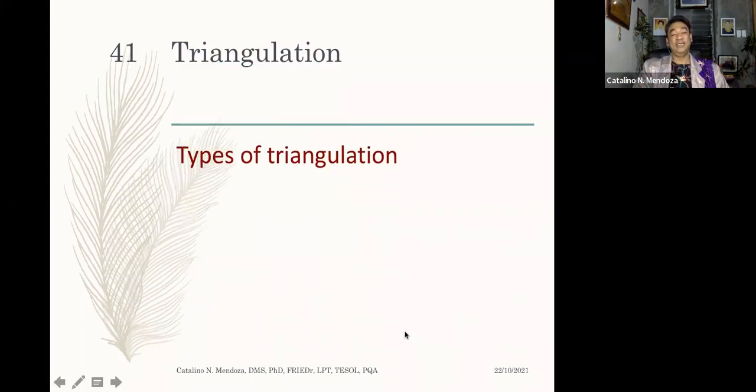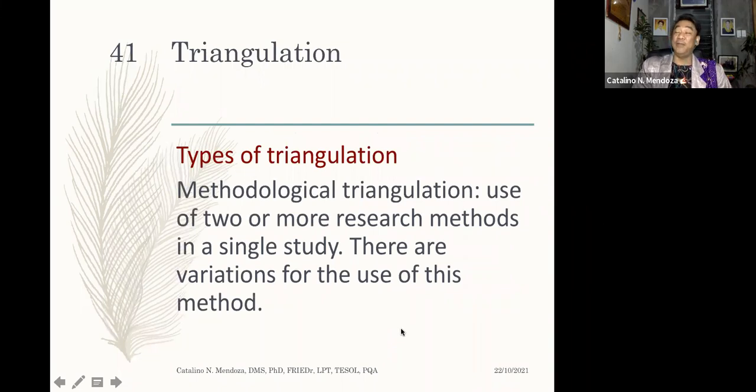Another one is methodological triangulation. Use of two or more research instruments in a single study. There are variations for the use of this method, yes. But the question is, how can we unify these two different methods, as other types of triangulation have established?